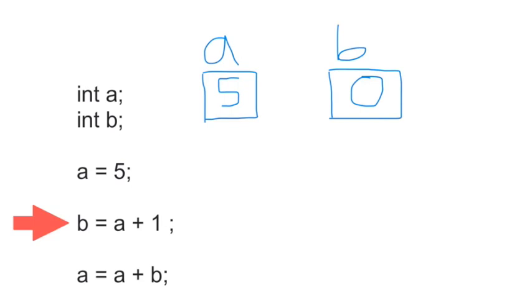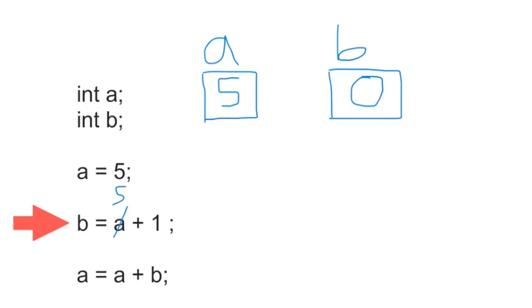So let us see how we're going to evaluate the expression on the right-hand side. The expression says a plus 1, right here. So what we're going to do then is first replace a with its value, and now we see what our expression really says is 5 plus 1.